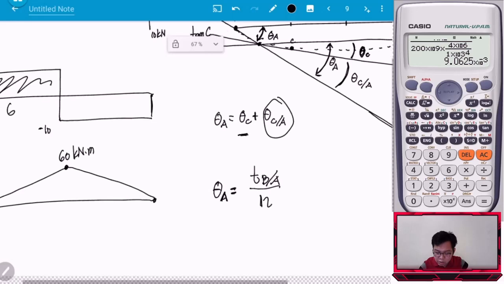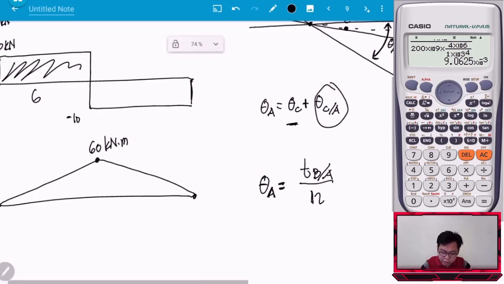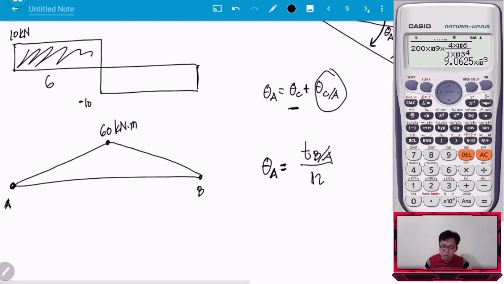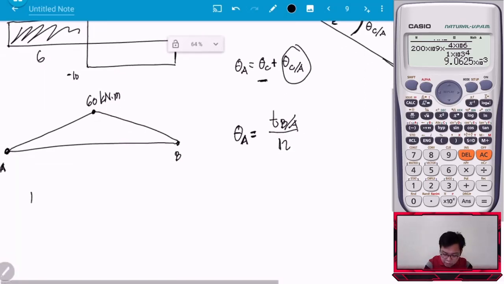Anyway, first guys, I need to solve for the tangent, you know? Ito yung A. Ito yung B. So, ang dami kong isosolve, no? Just to solve for C. So, first guys, I need to solve for the deviation of B with respect to A, itong TBA.